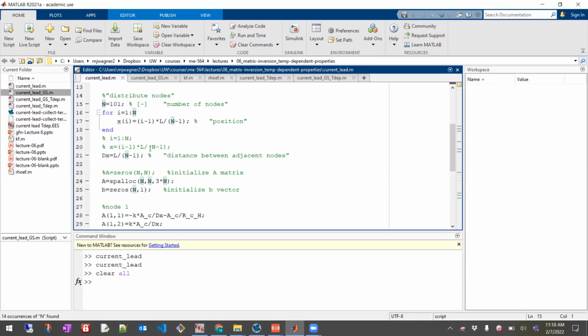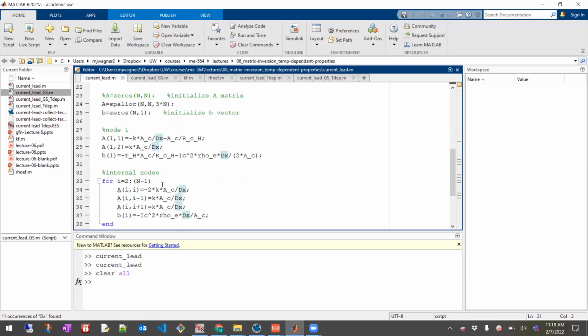And so here we have the x position of each node, and you indicate the index using round brackets instead of square brackets, right? So x(i) is equal to, this is the same thing we had in our EES program, right? So this establishes our nodal positions. Okay, here's the length of each node.